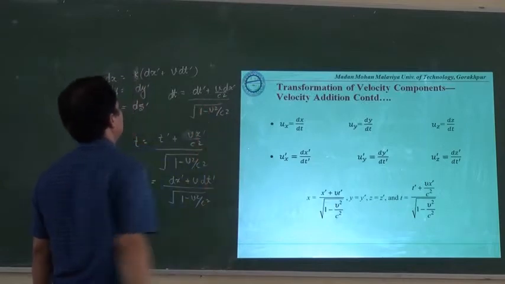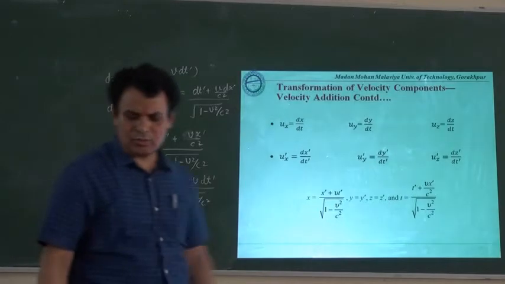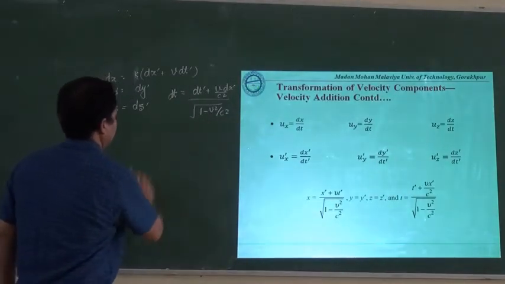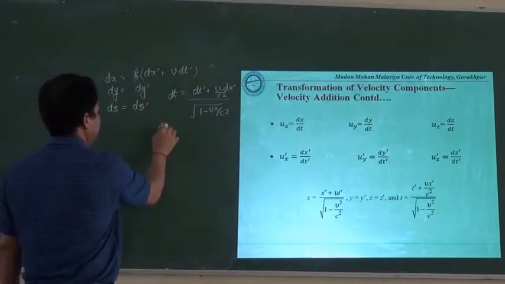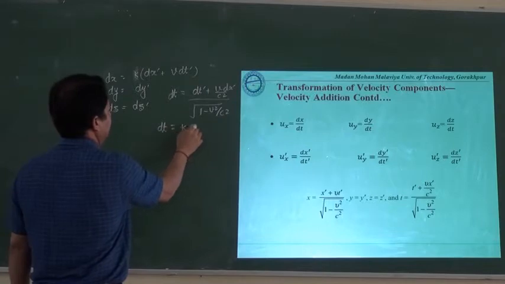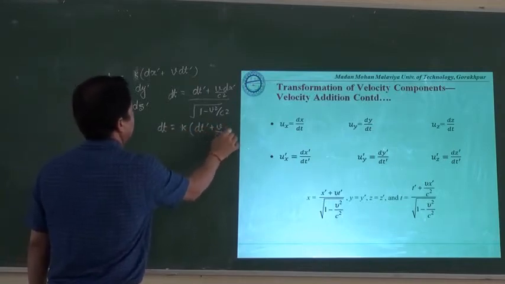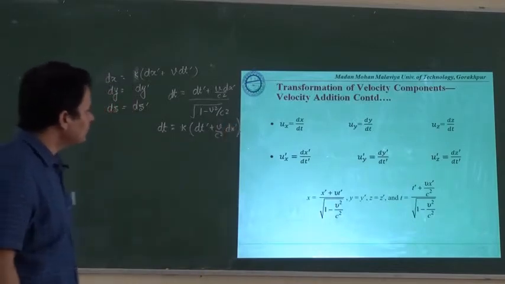This term may be treated as k, because 1 upon under root 1 minus v square upon c square is treated as k. So we may write dt is equal to k times dt dash plus v upon c square dx dash. This will be the value.